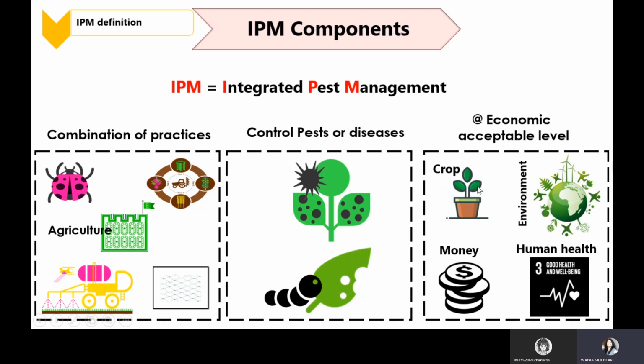And it will also save the environment and the human health, your health, because when you do these practices and you know how to combine them, with experience, with time, you will know this, of course.